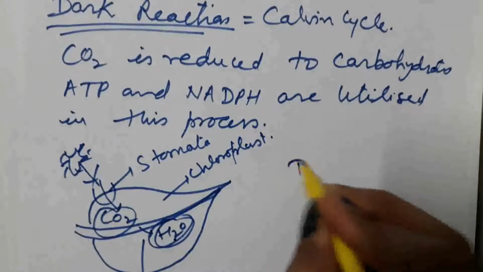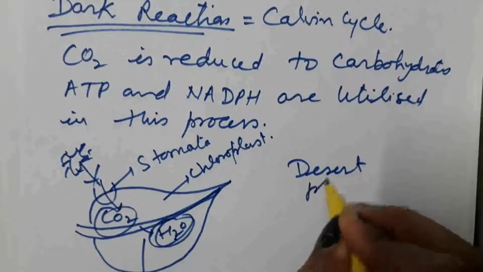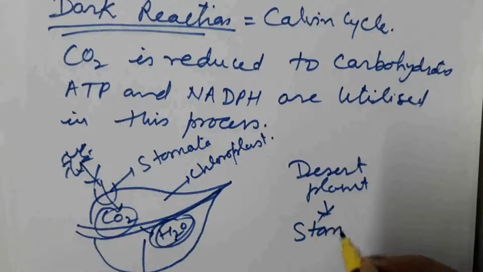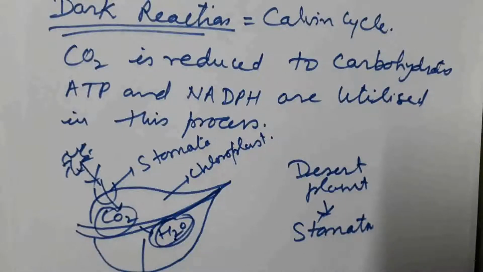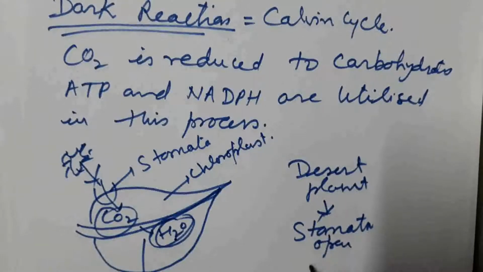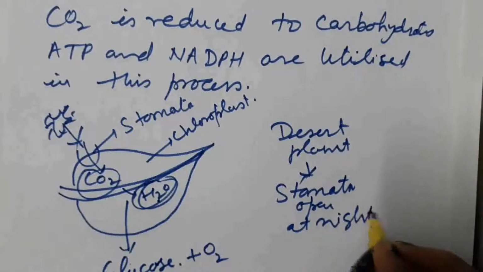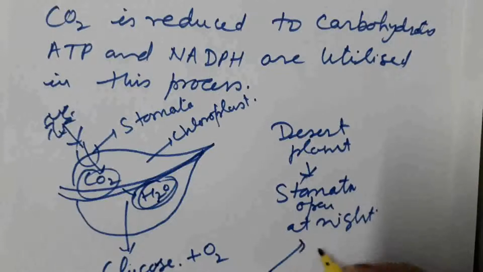What happens in case of desert plants? Stomata open at night. So CO2 enters the desert plant at night.